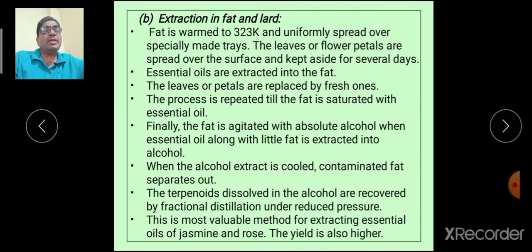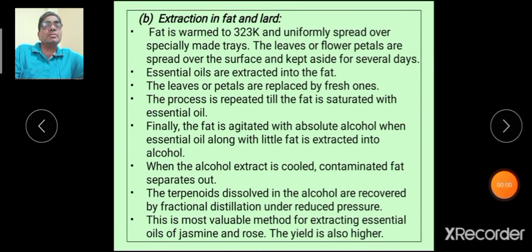The leaves and petals that were spread are replaced by fresh ones for more extraction. Now, as the fresh ones are replaced, the extraction takes place. The process is repeated till the fat is fully saturated with essential oils.